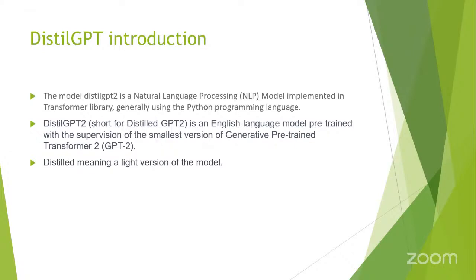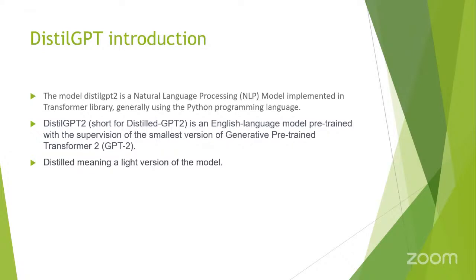DistilGPT-2 is short for distilled GPT-2. It is an English language model which has been trained with the supervision of the smallest version of the generative pre-trained transformer 2, that is GPT-2.